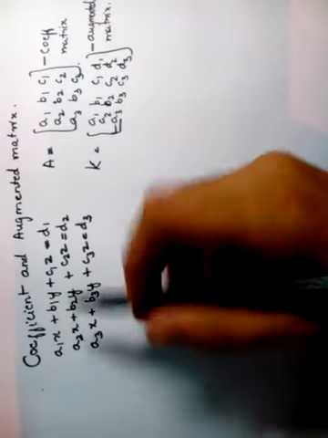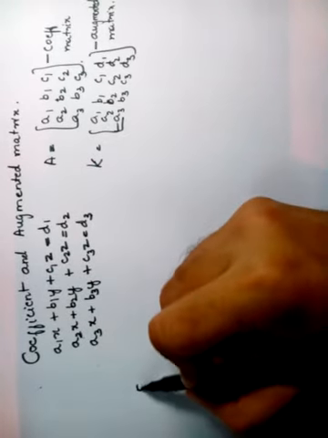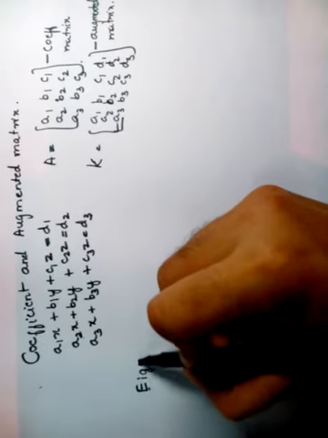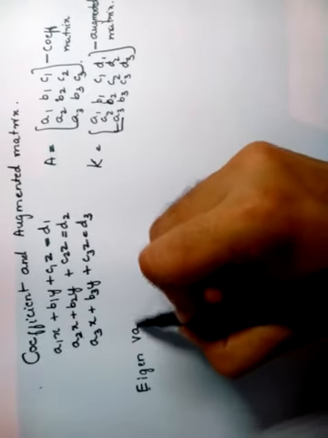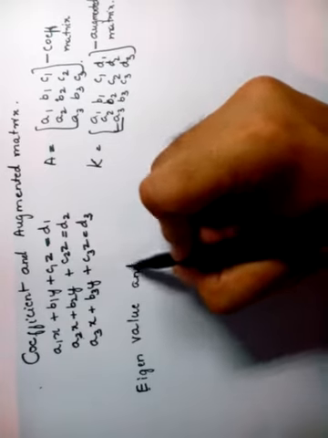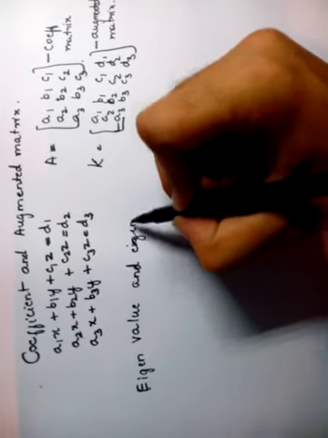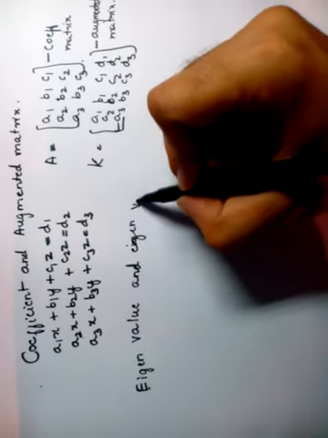So now that we know what a coefficient matrix and an augmented matrix is, let us move on to what an eigenvalue is and what an eigenvector is.